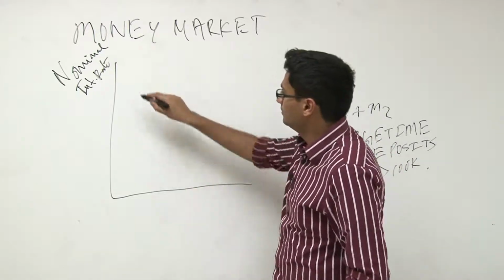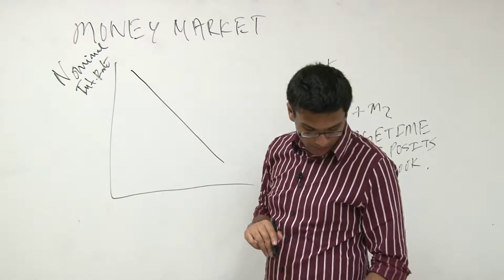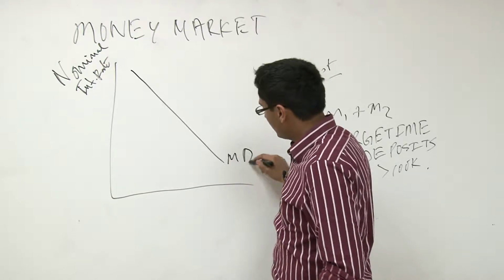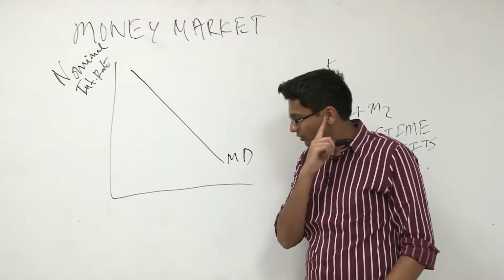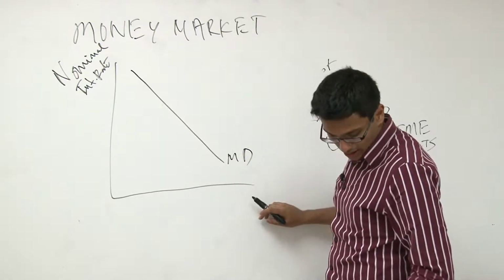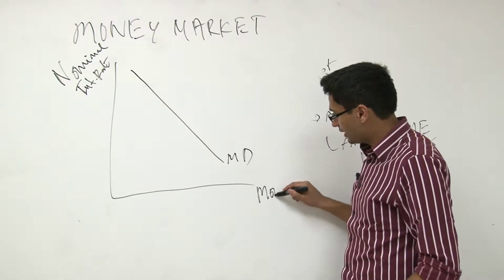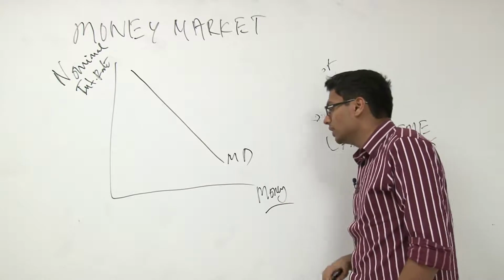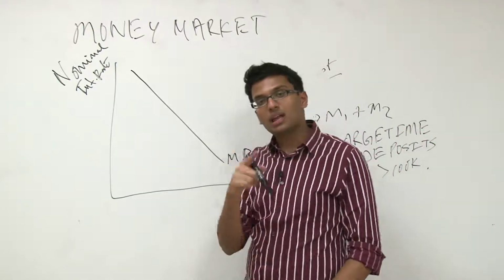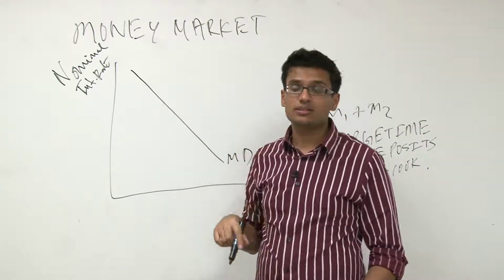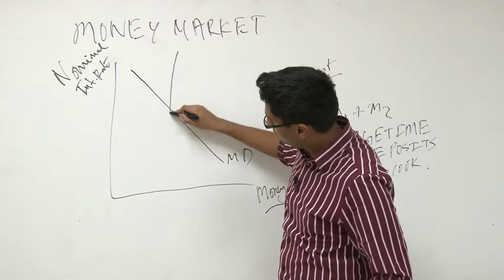You have a money demand, downward sloping like almost all demand graphs. On the x-axis, you have money. Money supply is constant, and for that reason is a vertical line.